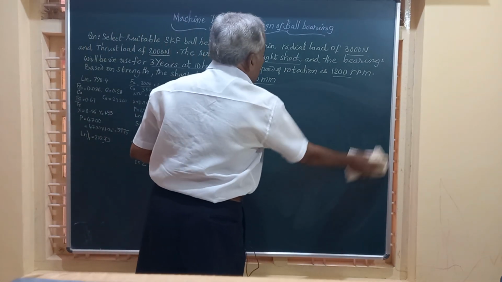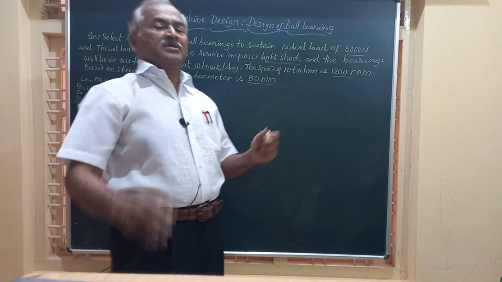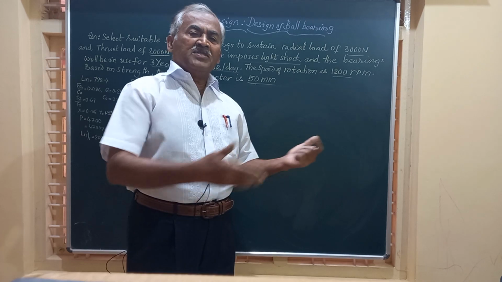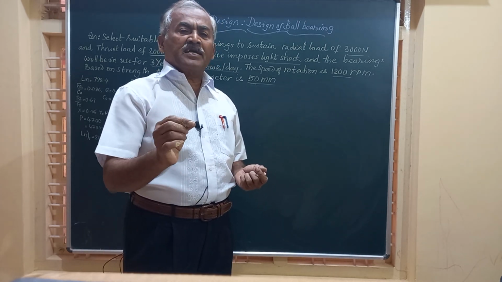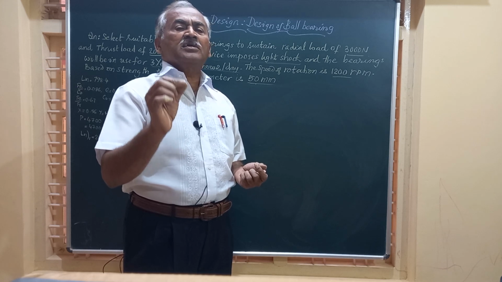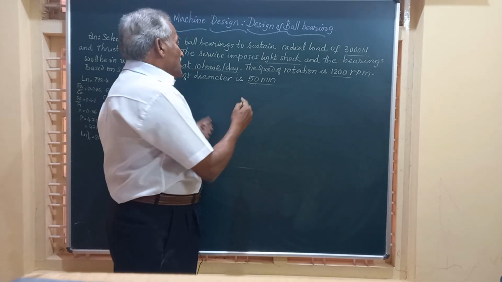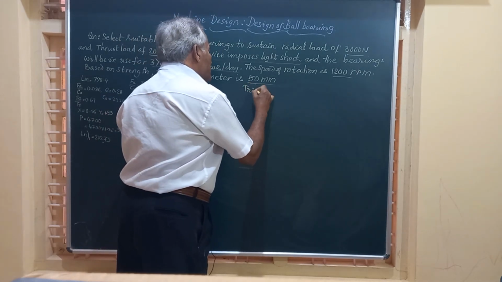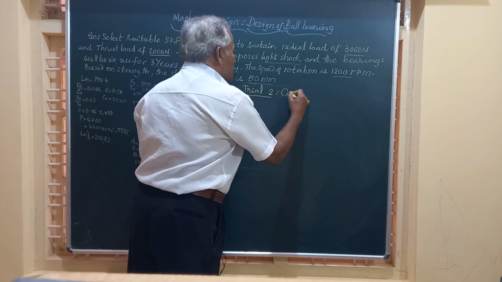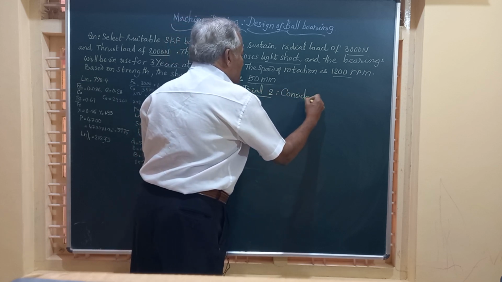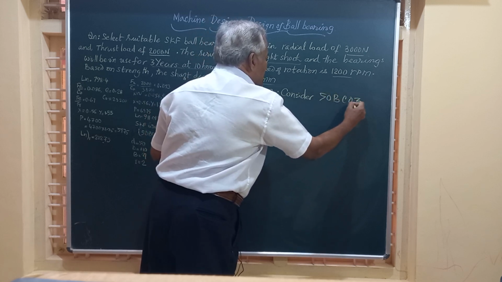So what is to be done now? Friends, the procedure is to be repeated with the next trial, that is trial number 2, wherein we take 50 BC O3. So in trial number 2, we consider the 50 BC O3 bearing.